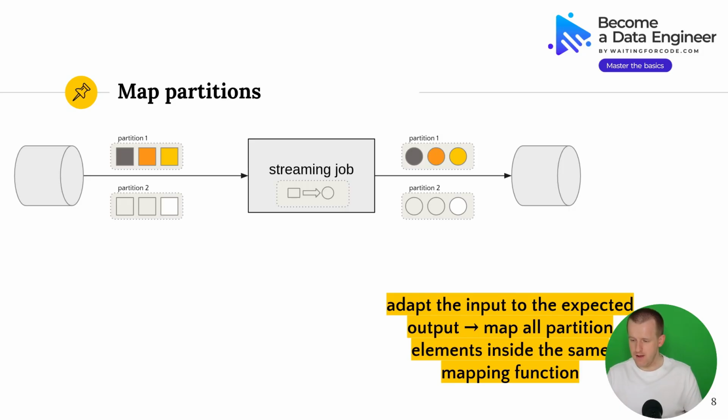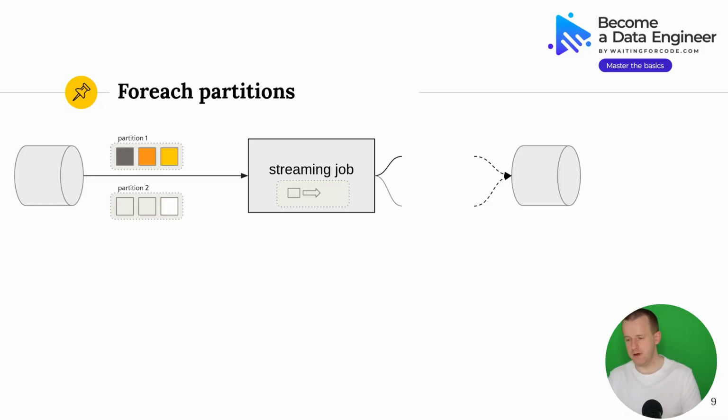It can be good because if your mapping relies on some external data, you can optimize the number of connections and open only one connection per partition, or you can reduce the number of calls if the same information is required by each partition, by simply caching it or making a fetch before the mapping. Another variation is the for each partition.